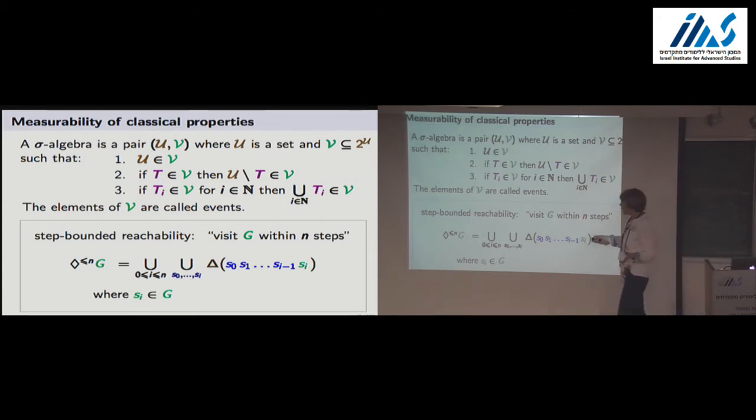So we can indeed describe it as a finite union of cylinder sets. Namely, what we do is we take all the finite paths that end in some state of G, and we have here this step bound within n steps, so the finite paths up to length n. So this is in the end a finite union of cylinder sets, so it is measurable.